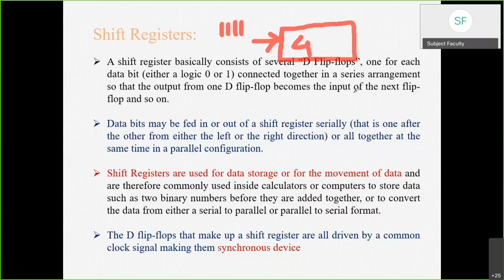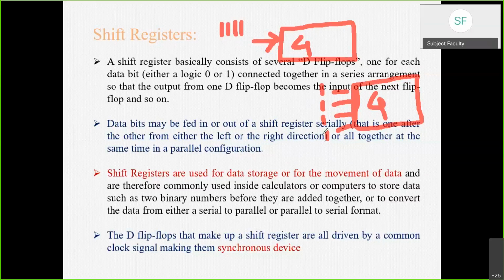On the other hand, the same thing you can do. Suppose I'm again taking this as a shift register, but now I'm taking 4 inputs. So I can give 1 1 1 1 like this also. This configuration is nothing but parallel configuration. You are applying 4 different inputs, simultaneous inputs.